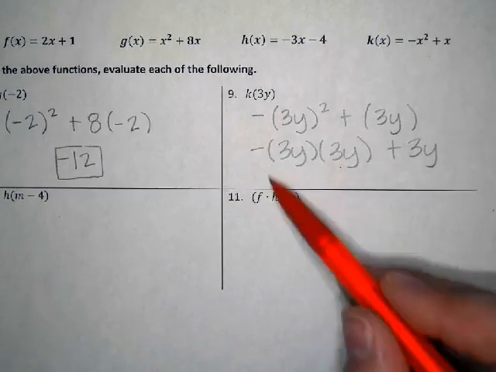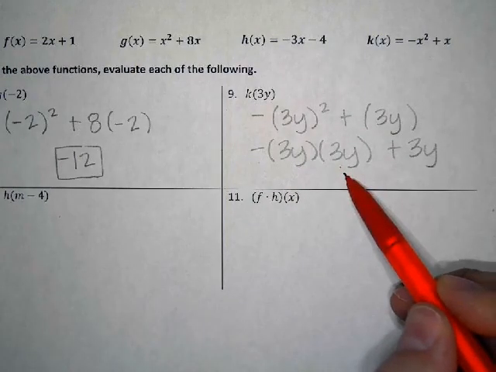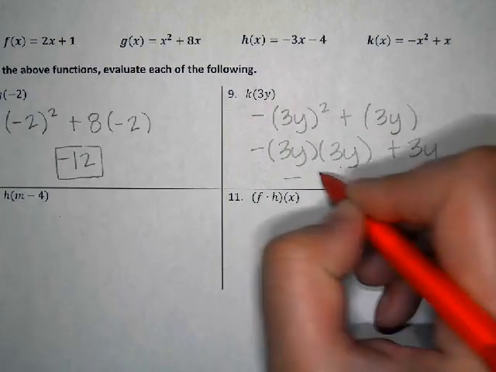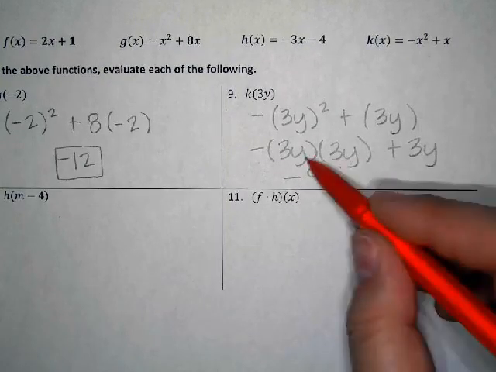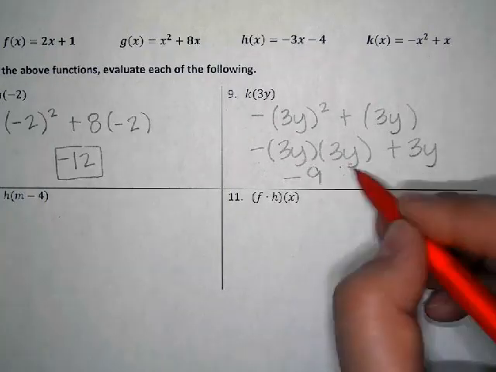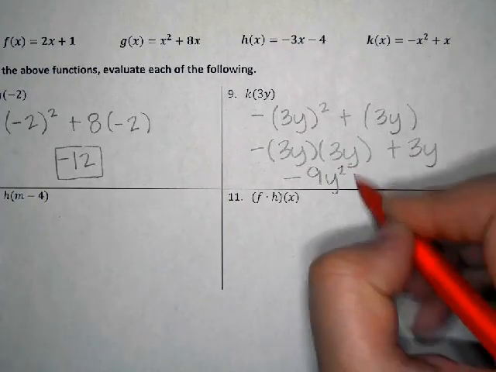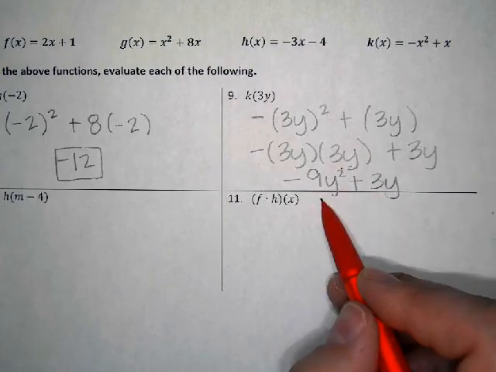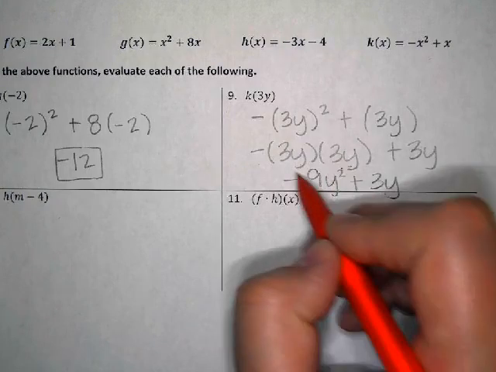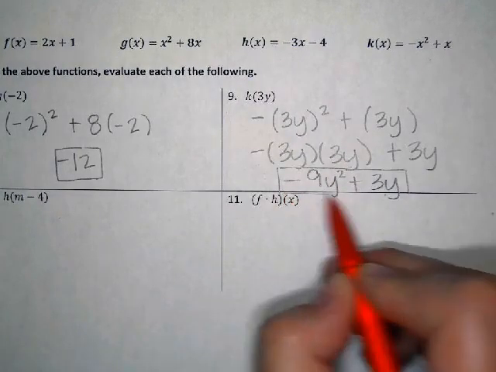And then what is the negative version of 3y times 3y? Negative 9y squared, right? Y times y is y squared. And then we have a plus 3y on the end. And can we add these together? We cannot, because we've got a y squared and a y, and those are not like terms. Okay?